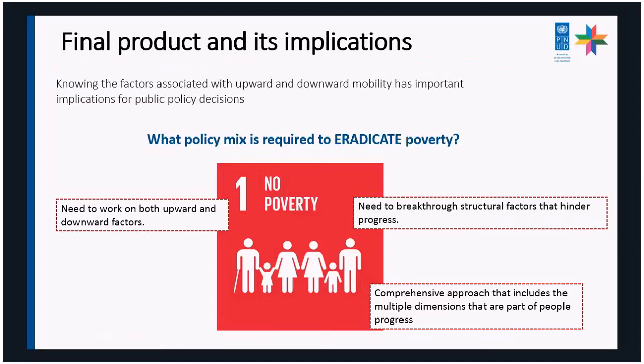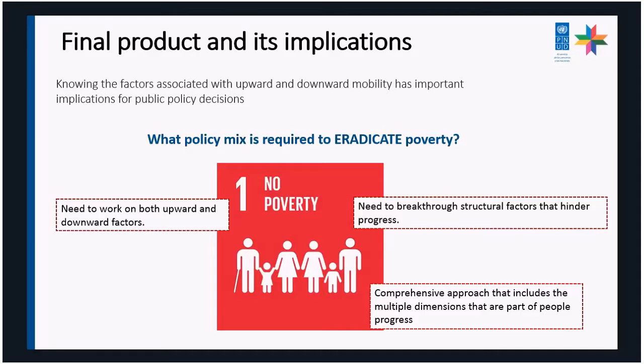So we want to find in Step 2, with the marginal contributions, those factors associated with each transition, and based on that, in the final step, Unit 4, we want to create policy recommendations that allow us to achieve SDG number 1, including all those dimensions that are part of people's progress. That is why you will see that in this unit we will go a little out of the data, and we will look to other sources in order to understand each country context.